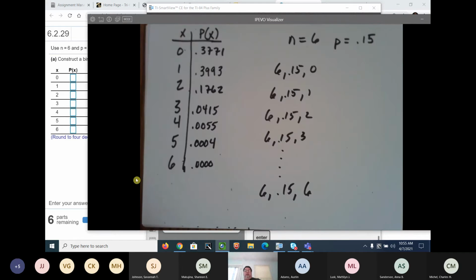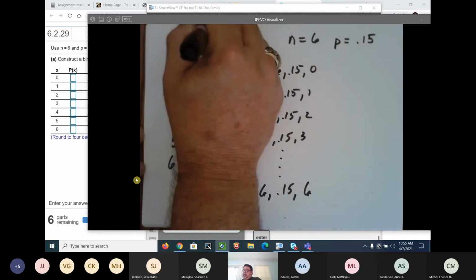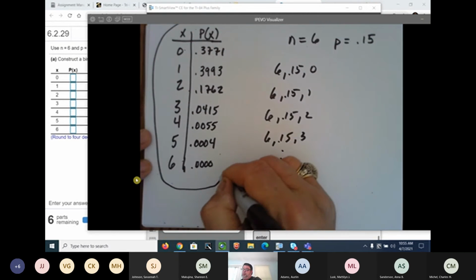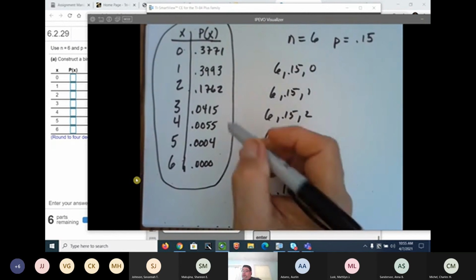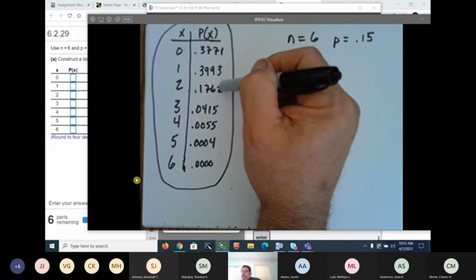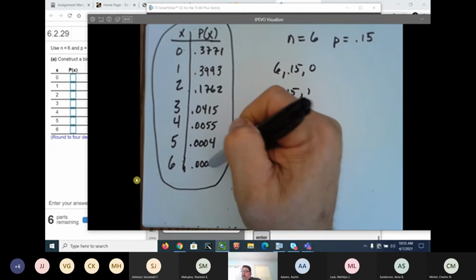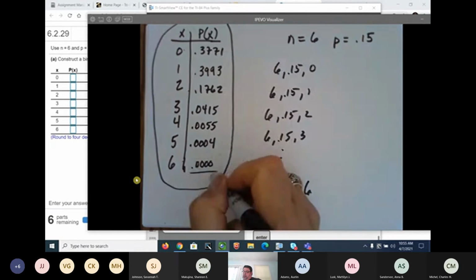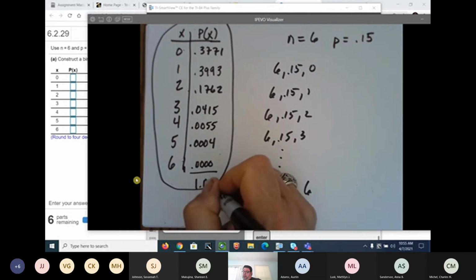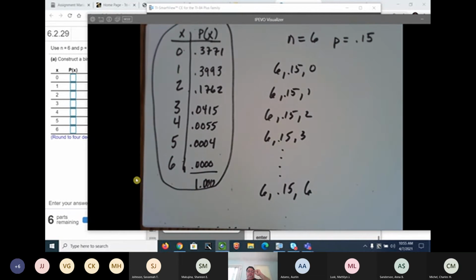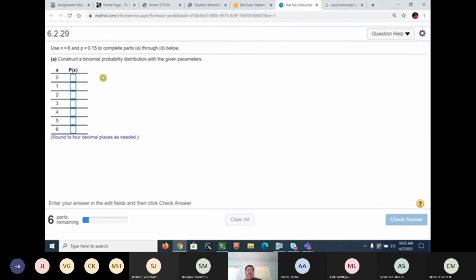We have a probability what? Distribution. Check each one. Each one is between 0 and 1. And if you add all these up, what should they equal? 1. So you just made a probability distribution using NPX.